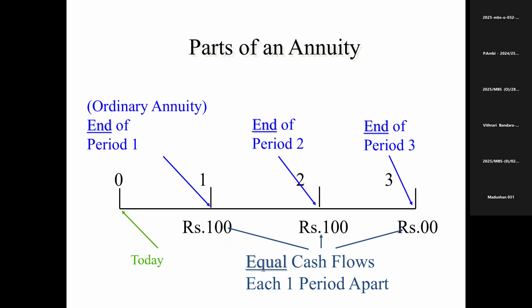So if we take the first 100, we take the interest rate at the end. So at the end of year 3, the first 100 earns interest for 2 years. The second 100 earns only 1 year of interest. The third, received at the end of the year, earns no interest in the third year. Once we take year 3, what are these cash flows?